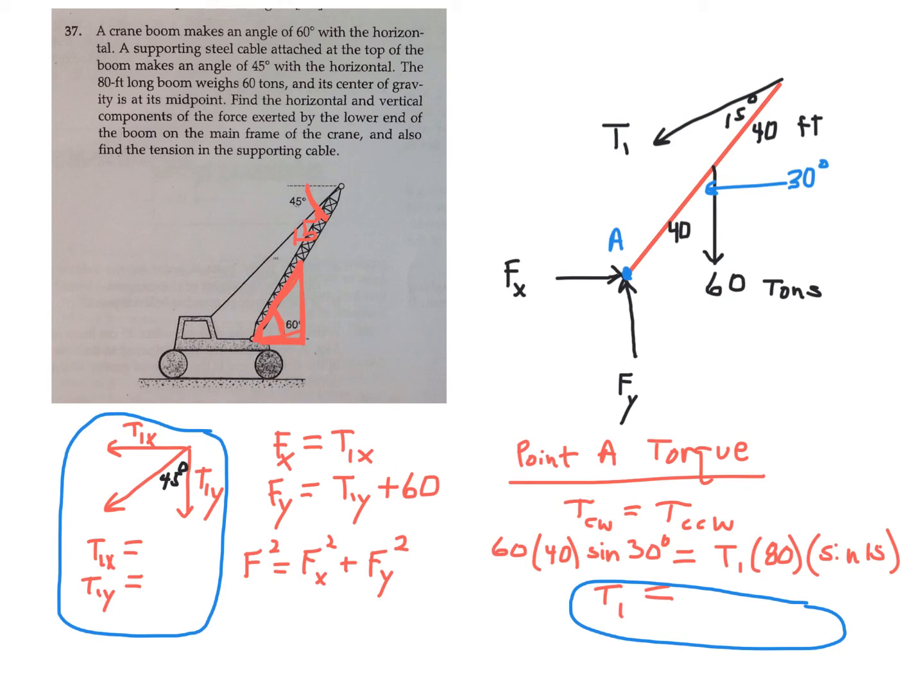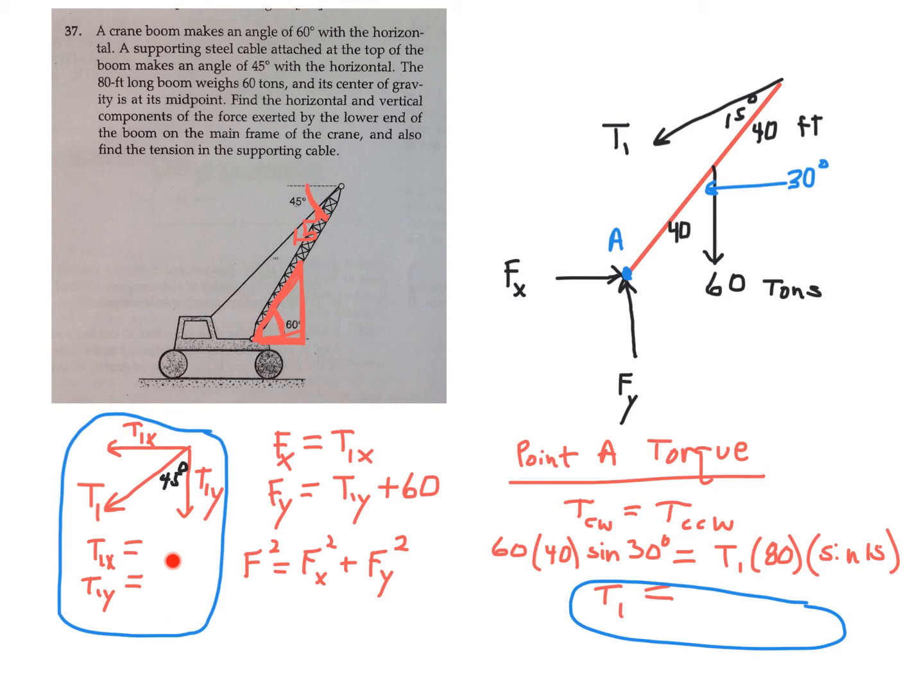It's at a 45-degree angle with the horizontal, 45-degree angle with the vertical, and we know that T1, the hypotenuse, so to speak, I can figure out the two legs. The shortcut would be just to take T1, that's already known, and divide by square root of 2, because it's a 45, 45, 90-degree triangle relationship. So I will know T1x and T1y, which would be a little bit less than T1, but they'll be equal to each other.